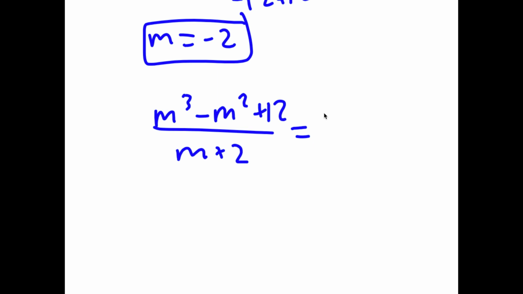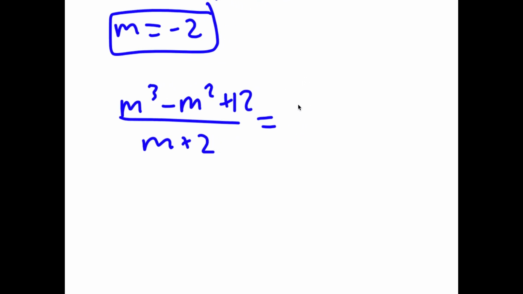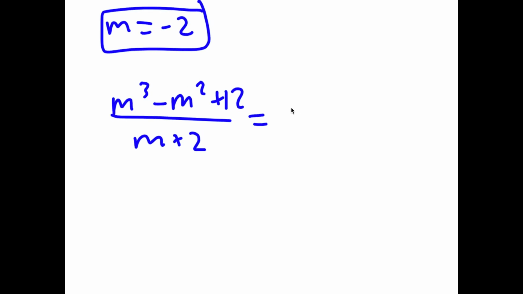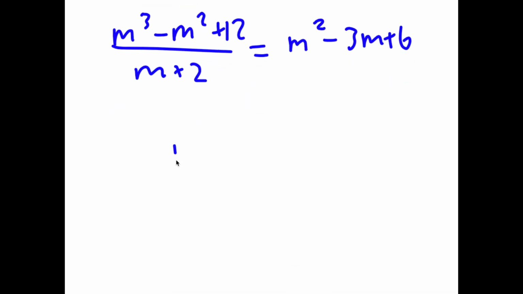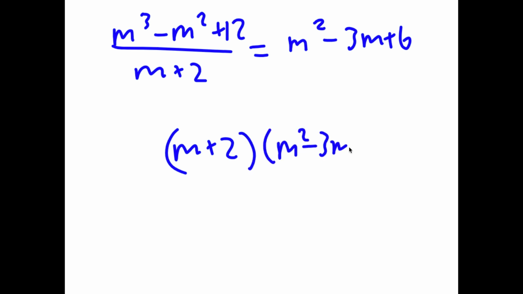So this is the same thing as m squared minus 3m plus 6. So now we have m plus 2 times m squared minus 3m plus 6 is equal to 0.